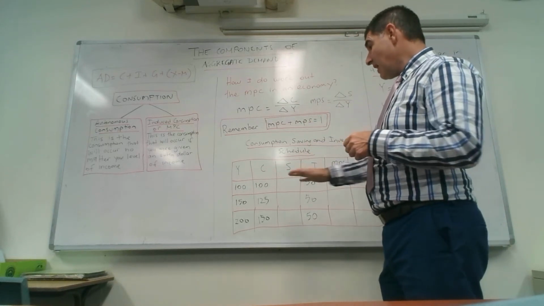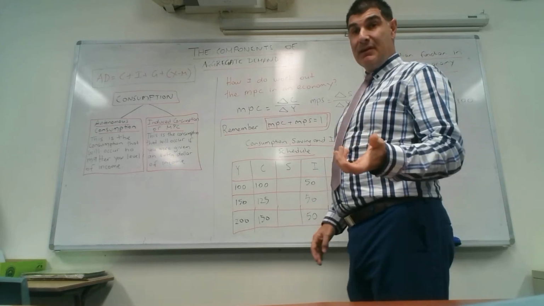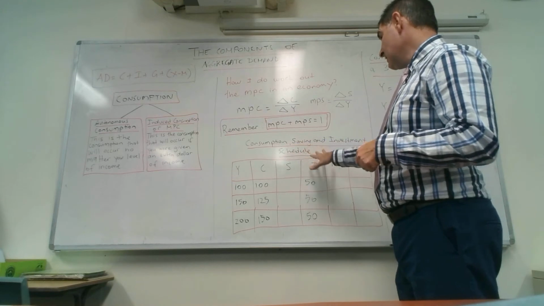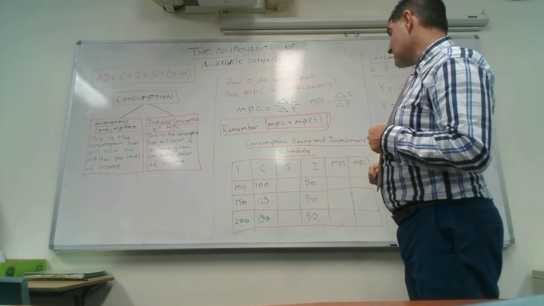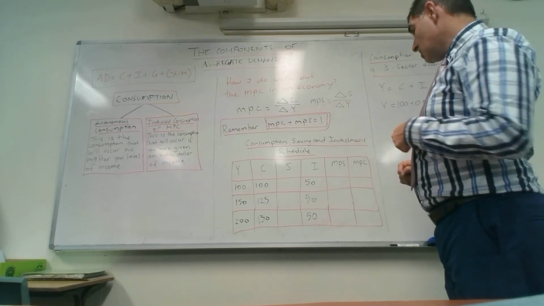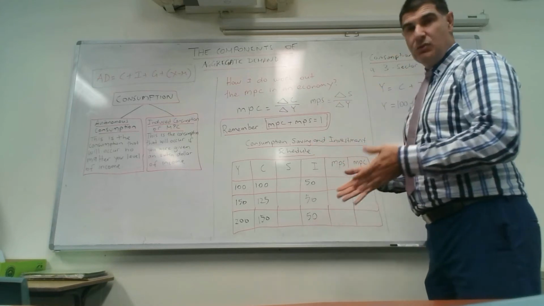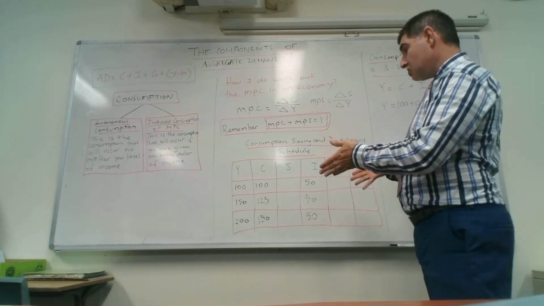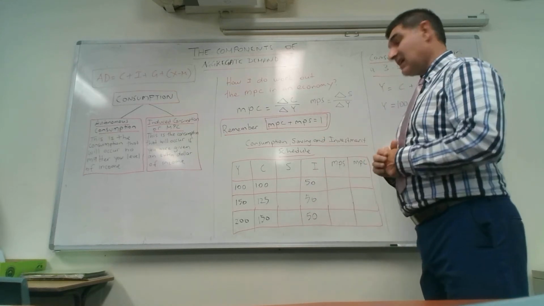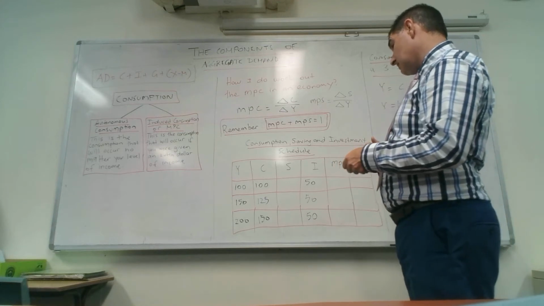So we have a series of figures here, and sometimes you're asked to work out your MPC or your MPS. What I have here is a consumption, saving, and investment schedule. It gives you a whole heap of data: income, which is Y, and consumption, which is C. I've left a gap for savings, because we should be able to work out what our level of savings is going to be.